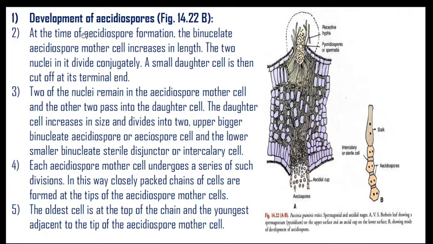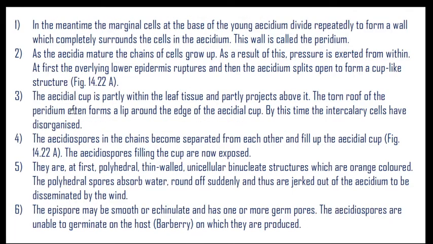Then the development of aeciospores. At the time of aeciospore formation, the binucleate aeciospore mother cell increases in length. The two nuclei in it divide conjugately and a small daughter cell is then cut off at its terminal end. In this way they develop, and some developmental details are reported here.